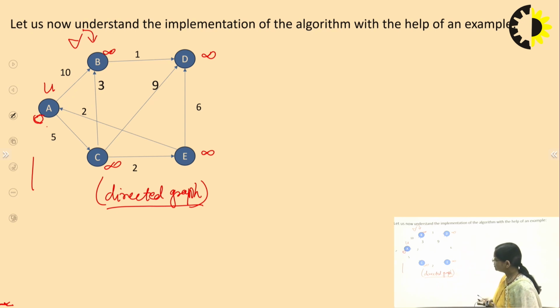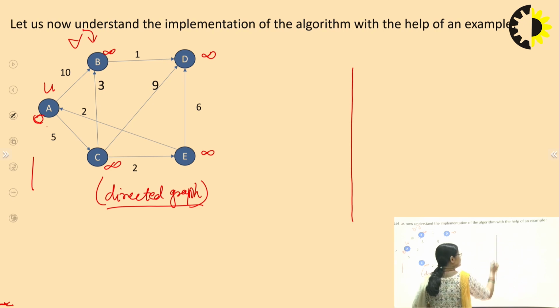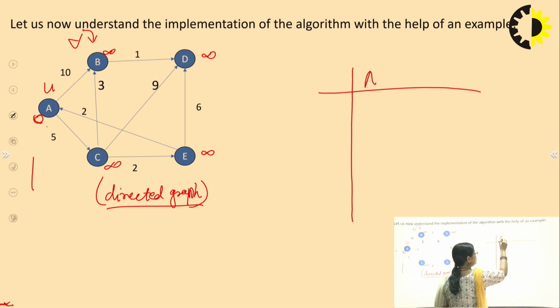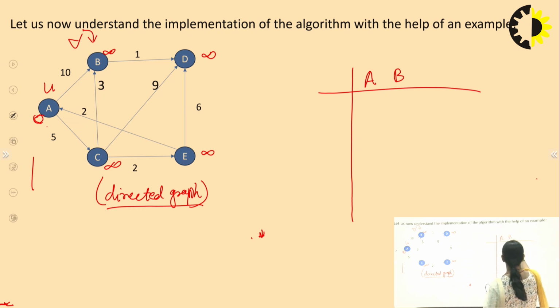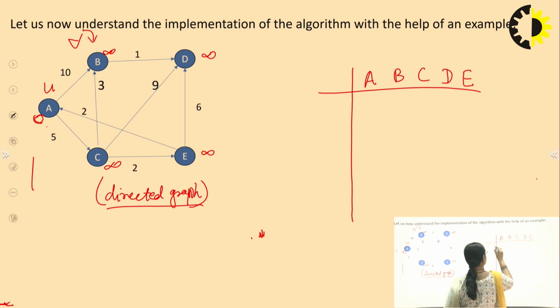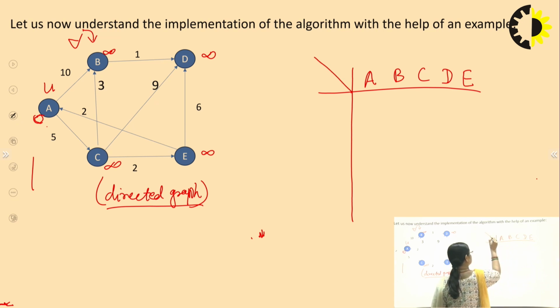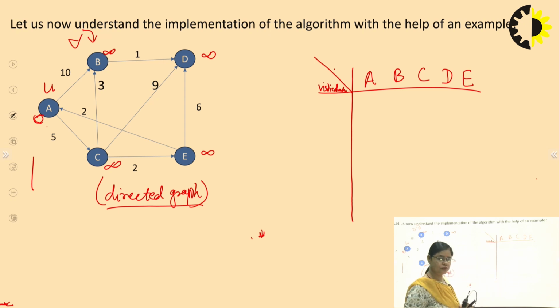Now, for solving, we are going to make a table, or you can say a matrix, where we are going to write all the vertices, the distance D, and here I am going to write the visited vertices, right?